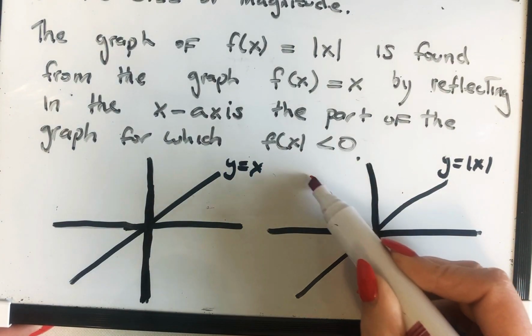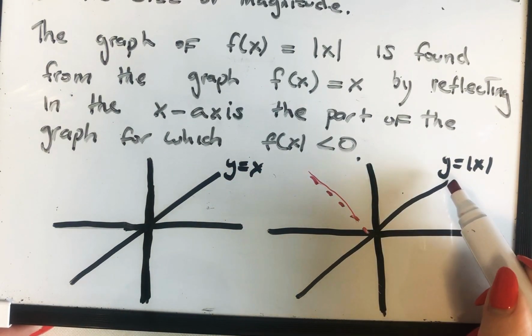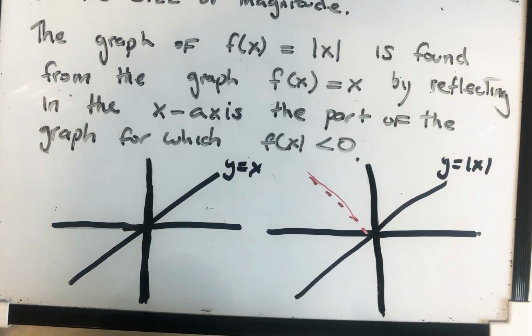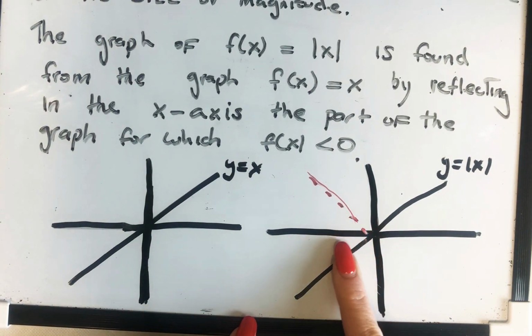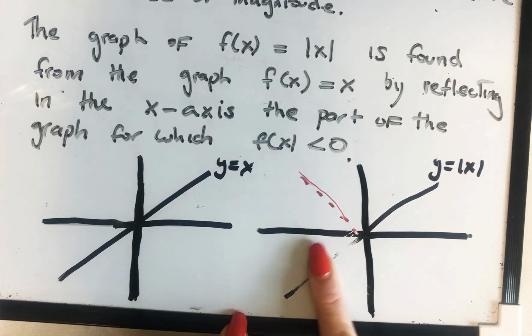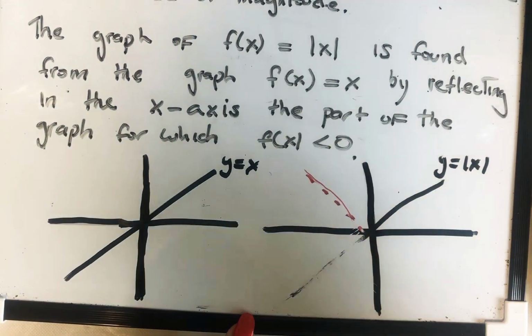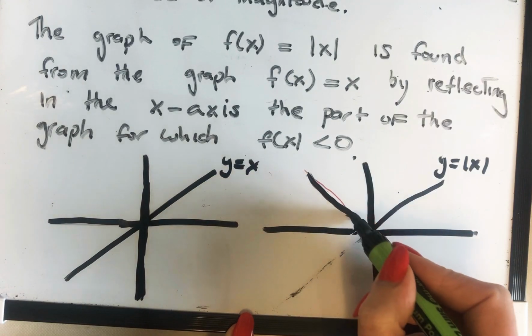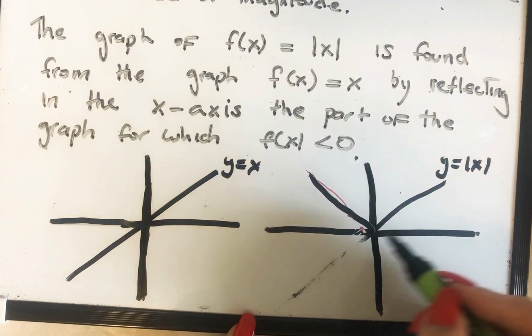So you can see here now, this is the graph of y is equal to the modulus of x. I'm just going to get rid of this part down here. So you can see here now that this is our graph. So it's a V shape.